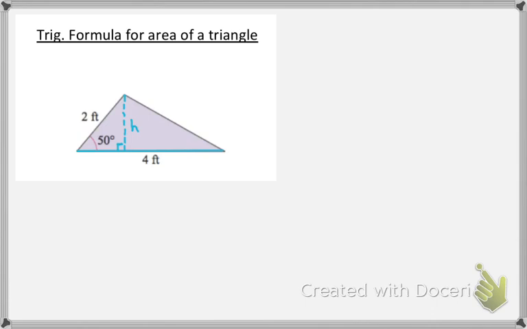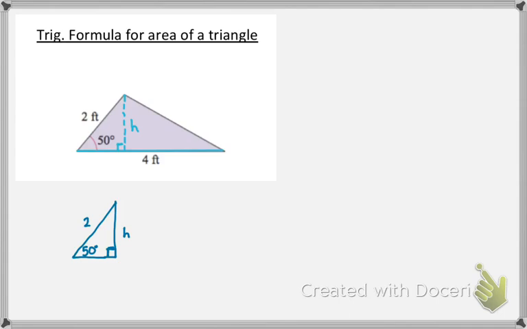Now, in order to find this height, we can use what we know about trig. We can use SOHCAHTOA, because this little right triangle has a right angle, so we've got a right triangle, and so we can use SOHCAHTOA. We're looking for the height. We know that the hypotenuse of this little triangle is 2 feet, and so we're looking for the opposite side of 50 degrees, and we're given the hypotenuse.